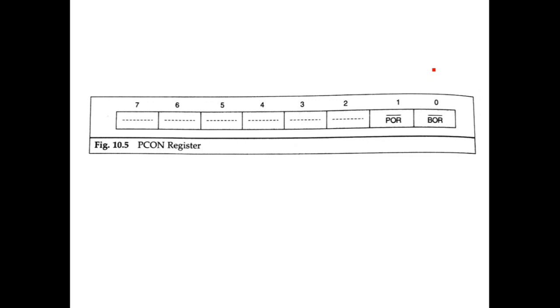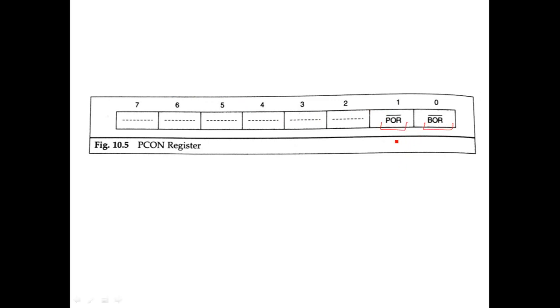There is also the reason that when the watchdog timer matures, it resets the microcontroller. So there are various ways in which your microcontroller can be reset. Here 2 bits are provided to indicate 2 particular reasons for resetting: one is power on reset, the other is brownout reset.